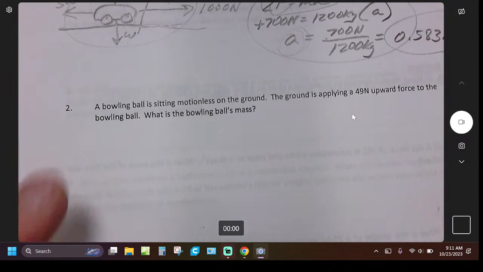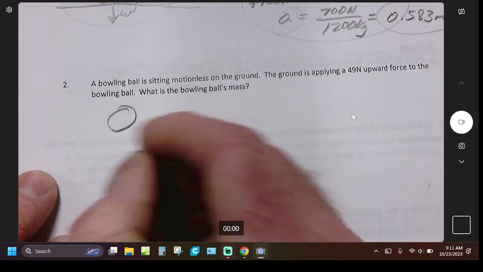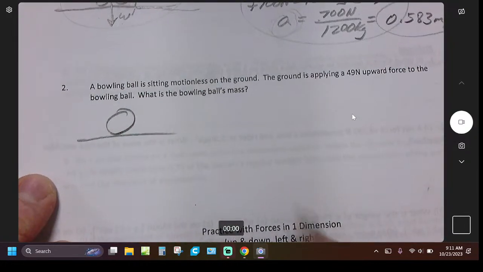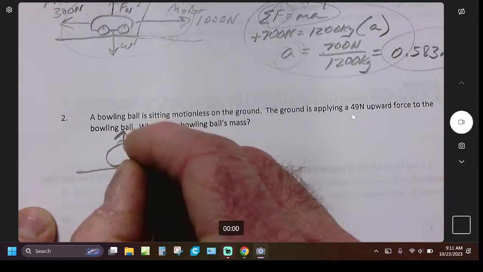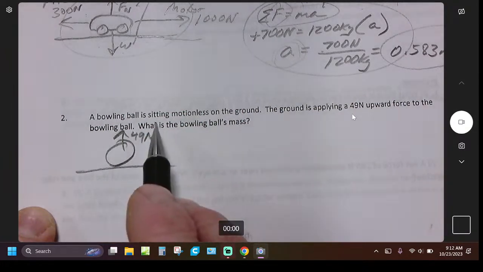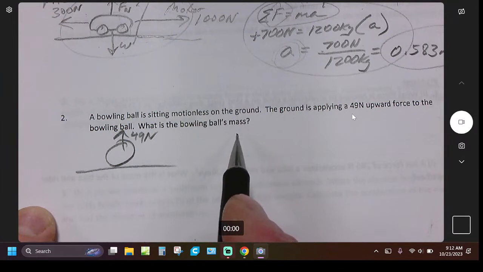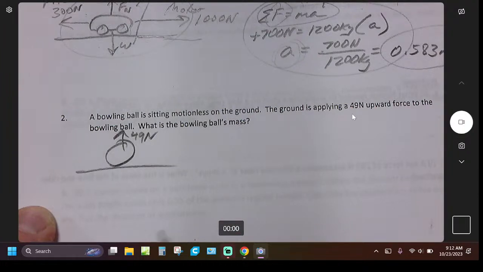Okay, so a bowling ball is sitting motionless on the ground. I'm going to go kind of fast so I can get the test handed out. Here's the bowling ball. The ground is applying a 49 newton upward force, and it's sitting motionless. What's the bowling ball's mass? We can do this.